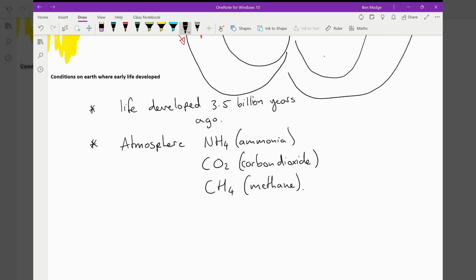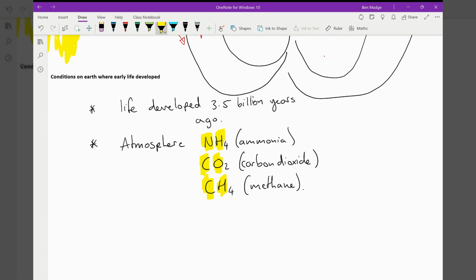Now, if we were put there now, we would find that this was a really toxic atmosphere. But this is actually really important for the development of life because nitrogen, carbon, oxygen, and even hydrogen are really important elements for life to evolve. So it needed to have this sort of toxic soup to develop in.